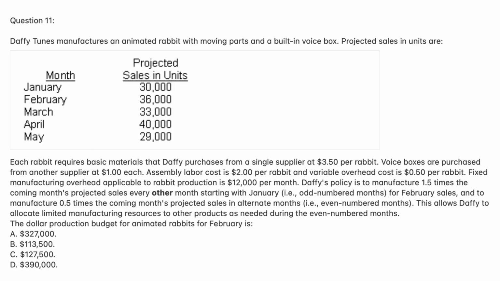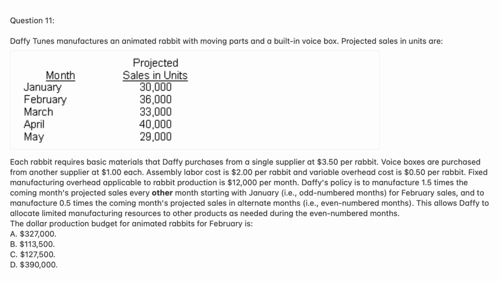Question 11. Daffy Toons manufactures an animated rabbit with moving parts and a built-in voice box. Projected sales in units are given. Each rabbit requires basic materials that Daffy purchases from a single supplier at $3.50 per rabbit. Voice boxes are purchased from another supplier at $1 each. Assembly labor cost is $2 per rabbit and variable overhead cost is 50 cents per rabbit.